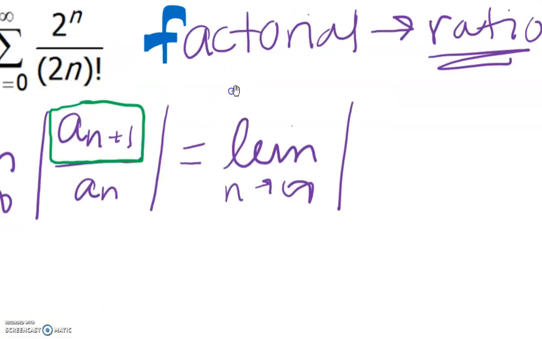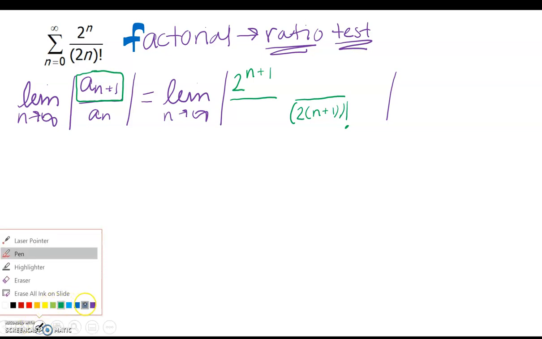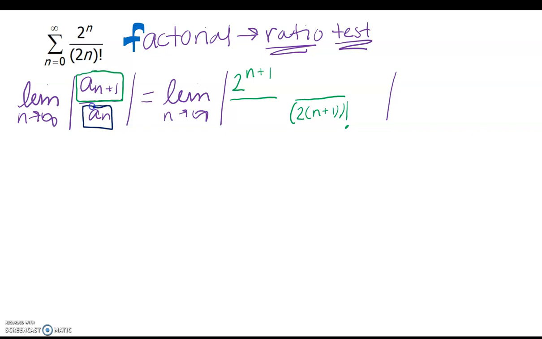So that's going to become 2 to the n plus 1 over the 2n plus 1 factorial. And then I'm going to multiply this by the reciprocal of a sub n. So when I think about it, I'm doing the reciprocal of the original one, and matching up the corresponding parts. So 2 to the n and 2n factorial.